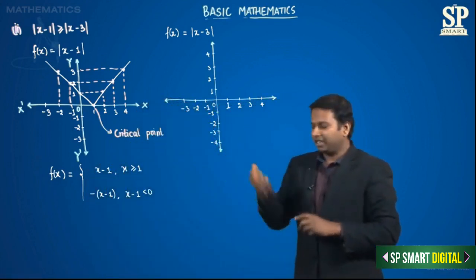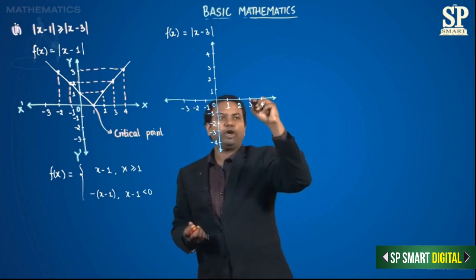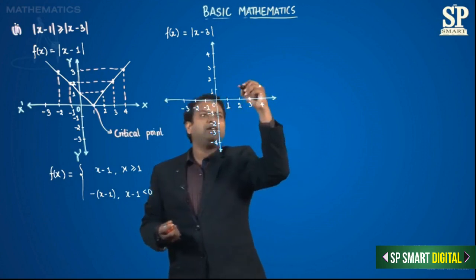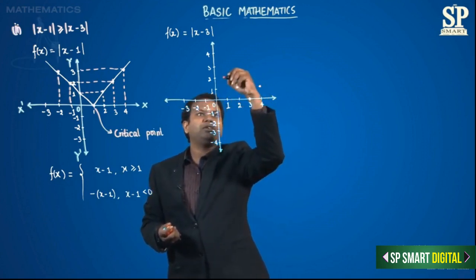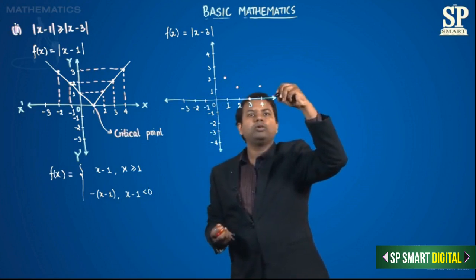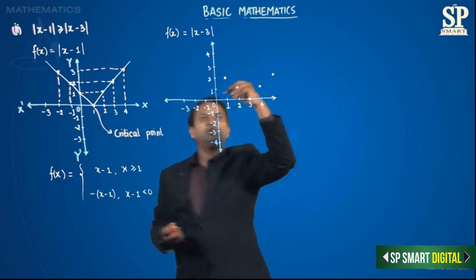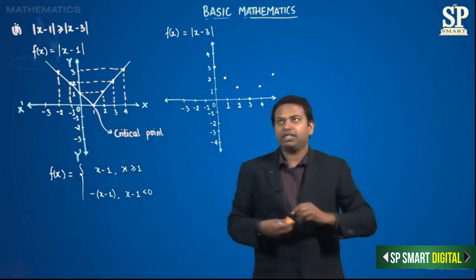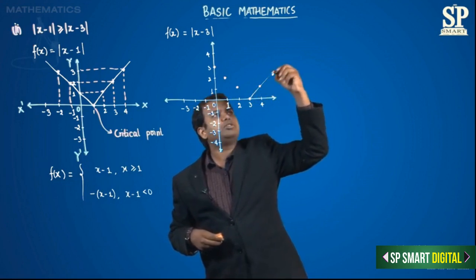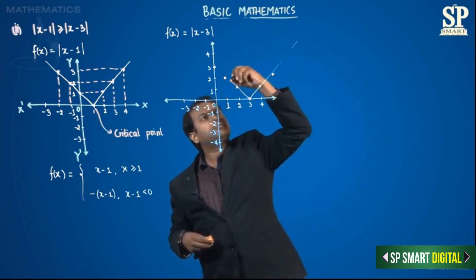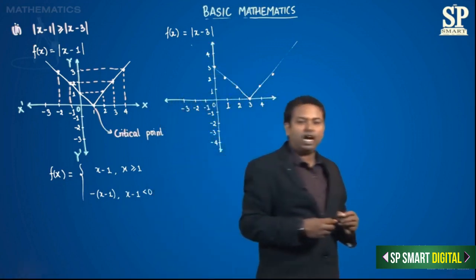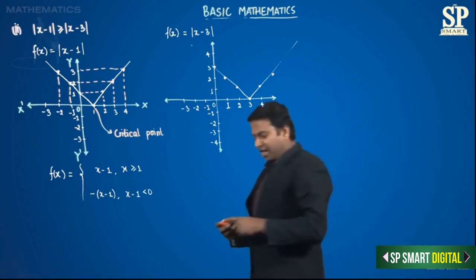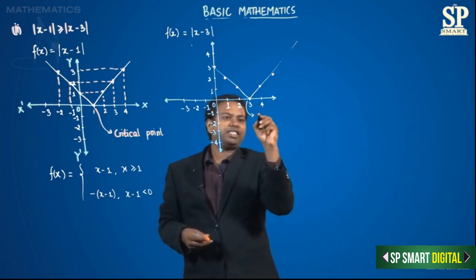Now by repeating the same method, we get the following points: (3, 0), (4, 1), (2, 1), (1, 2), (5, 2), (0, 3) and so on. And if we join all these points, the graph is as follows. So this is how the graph of modulus of x minus 3 looks. And here the critical point is at x equal to 3.